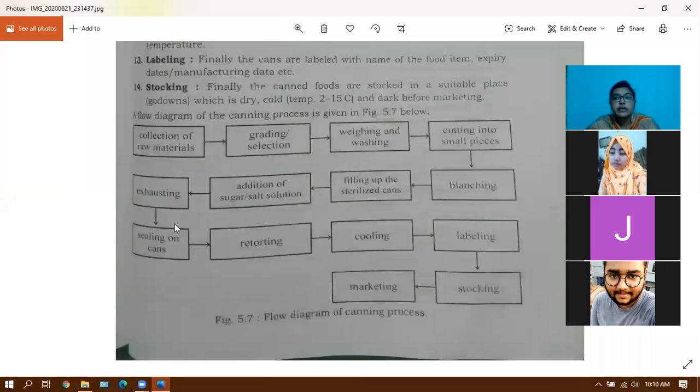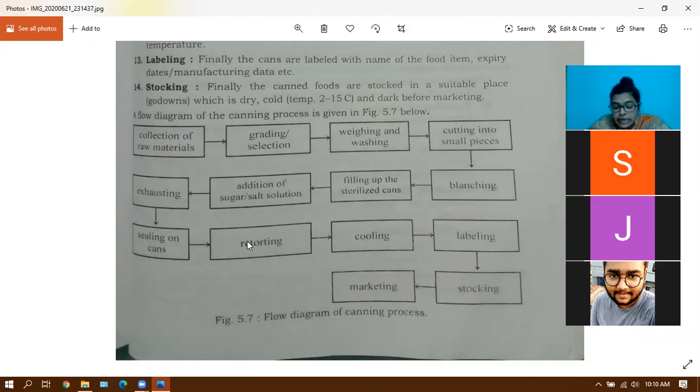Next, sealing of can. This process is very important for the total process. This is a highly technical process, and the success of this whole process depends upon the sealing. In this process, after exhausting, immediate sealing of the can with lid very carefully, so that the can becomes fully airtight.